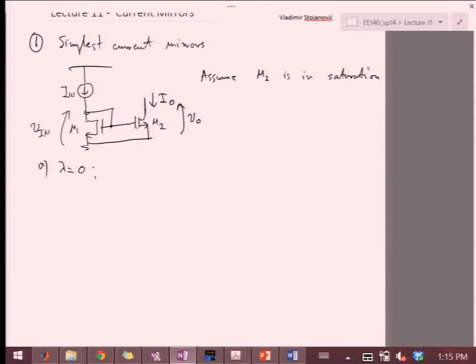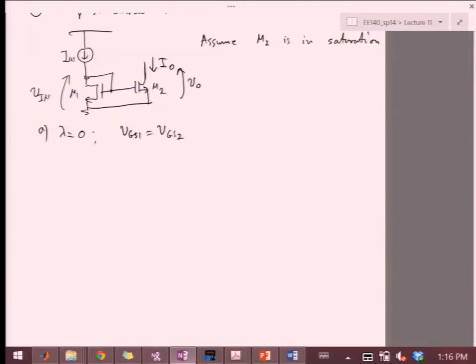Since VGS1 equals VGS2, if these two transistors have the same size, then ID1 will be equal to ID2, which equals I in. And from here, I out will be equal to I in.